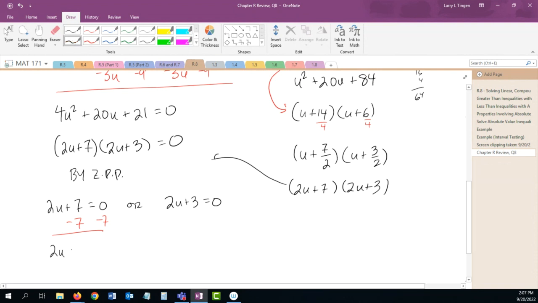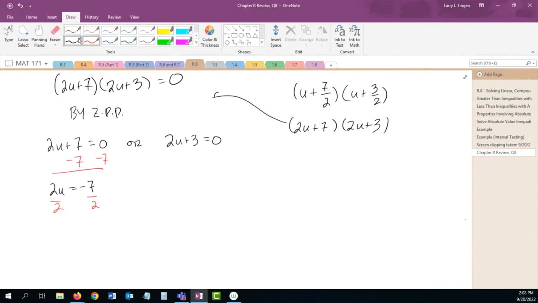Subtract 7. Divide by 2. And if we didn't pretty these up, you already knew u is equal to negative 7 over 2, because it's right there. Right? u plus 7 halves equals 0, so u is negative 7 over 2.